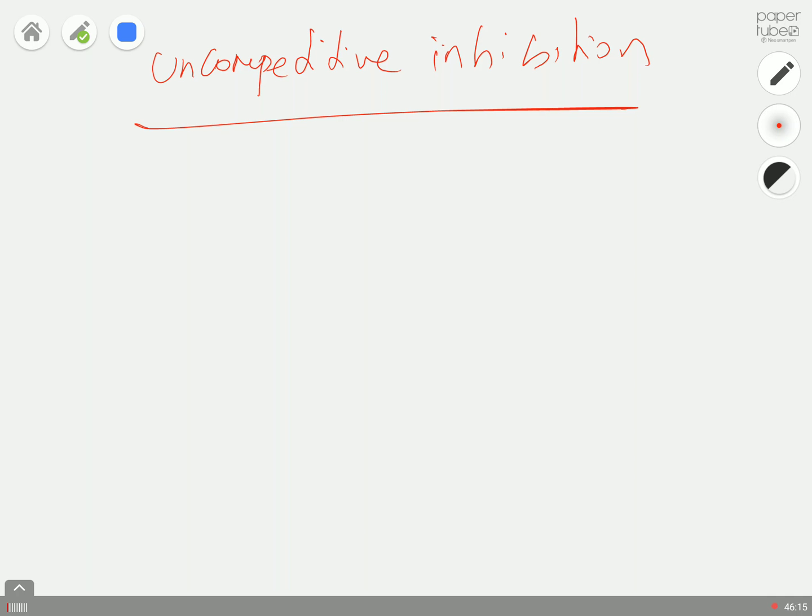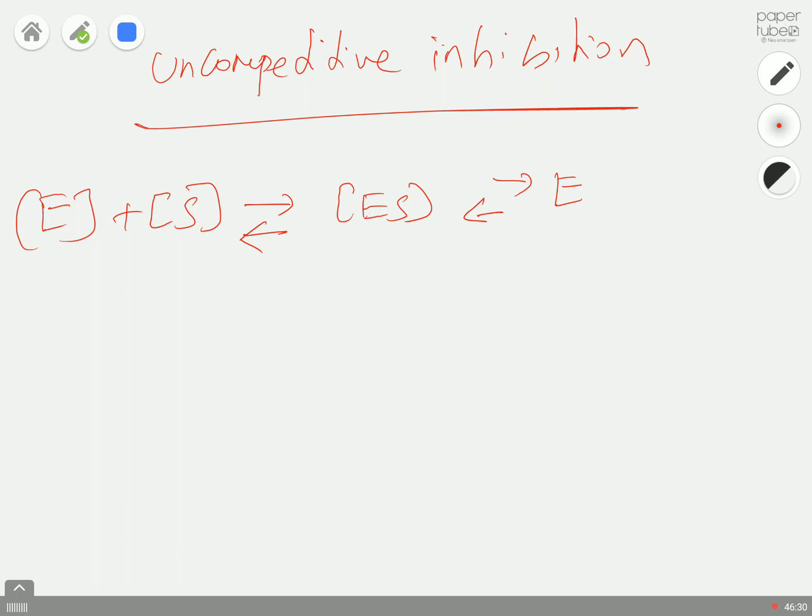If you're dealing with uncompetitive inhibition, as I already said, your enzyme plus your substrate gives enzyme substrate complex. It gives rise to enzyme plus products, and your inhibitor acts only on your enzyme substrate complex, and then it forms the enzyme substrate inhibitor complex.